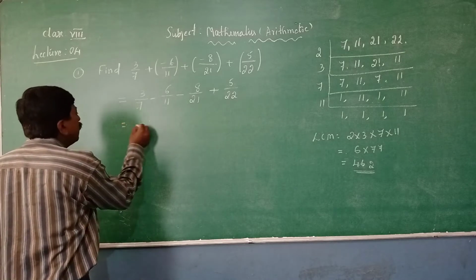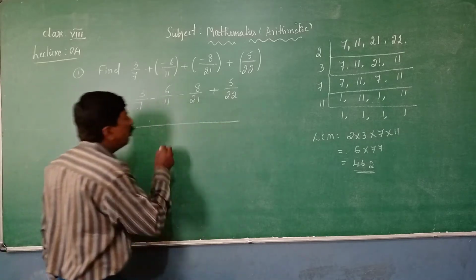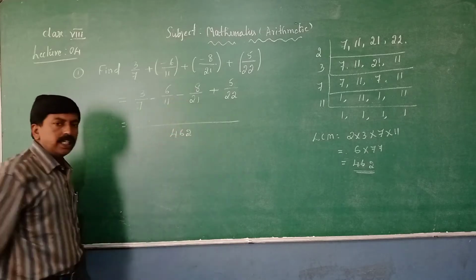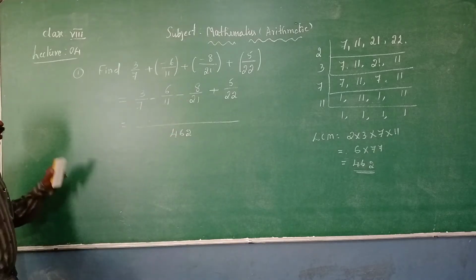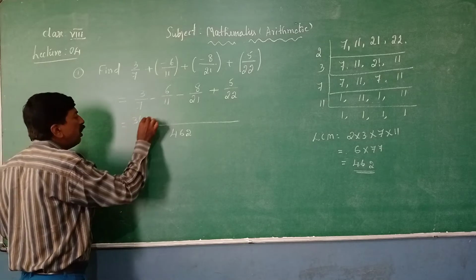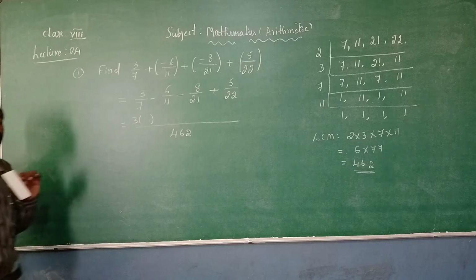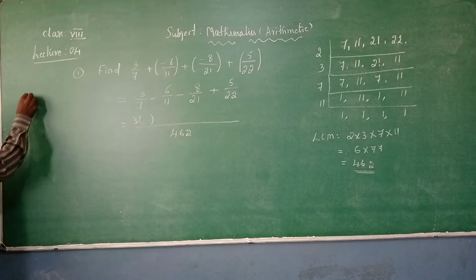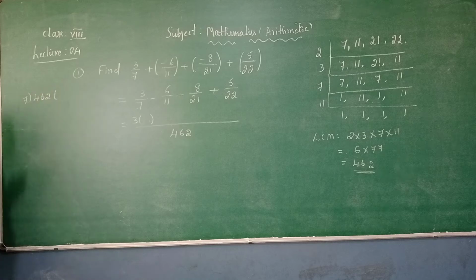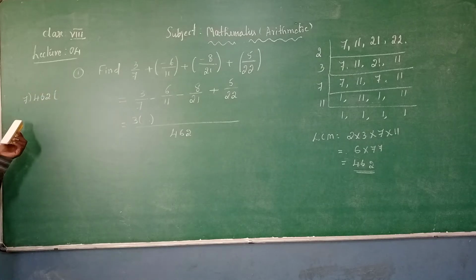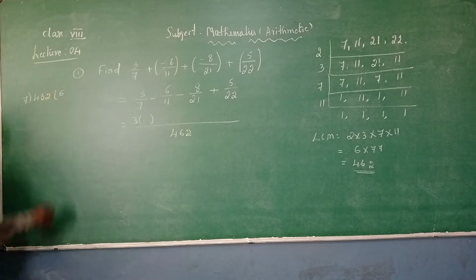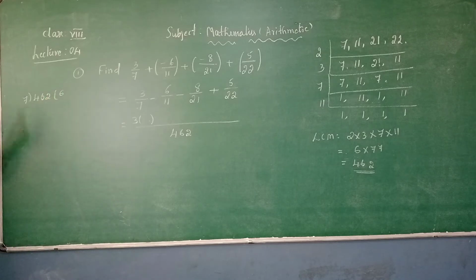Now you can write that LCM in the denominator. 462 is the LCM. Now the first fraction, 3 by 7. How many times does 7 divide 462? 7 5s are 35, 7 6s are 42, 7 7s are 49, which is greater than 46.